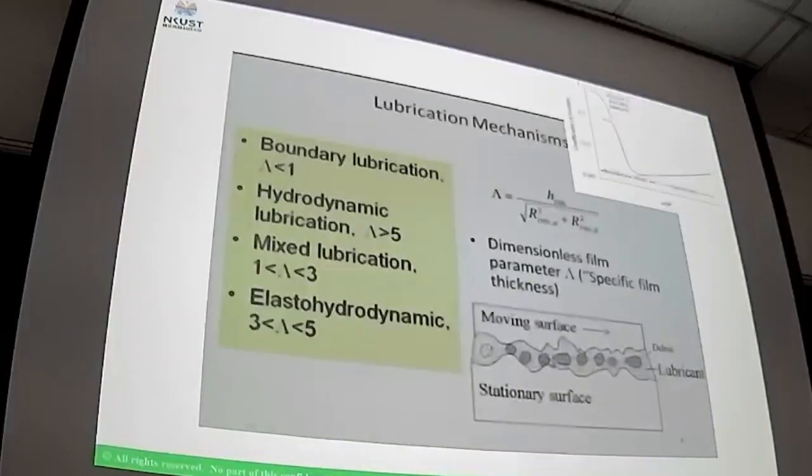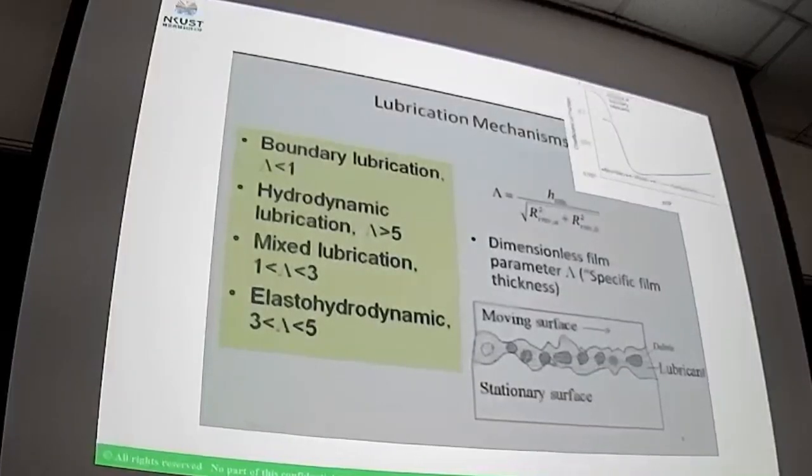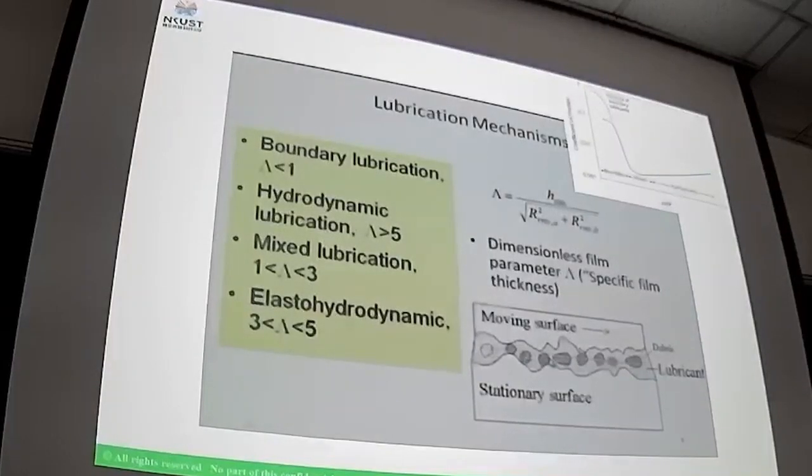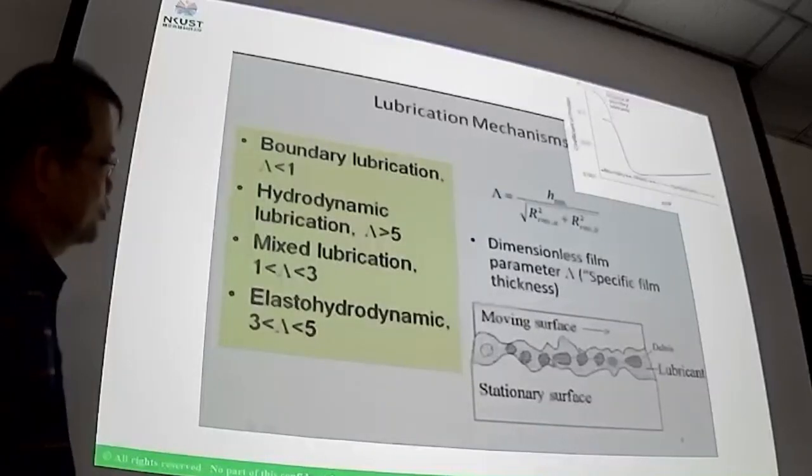So here are the lubrication theory or lubrication mechanisms. We always discuss some theories to describe different kinds of lubrication. In this case, there is a famous curve for this. It's called the Stribeck curve.